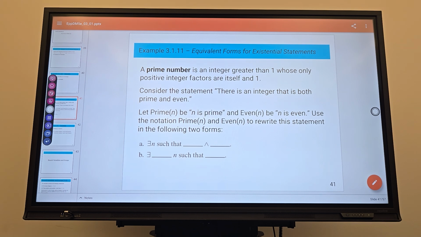There exists an n such that prime(n) and even(n). There exists a prime n such that even(n).